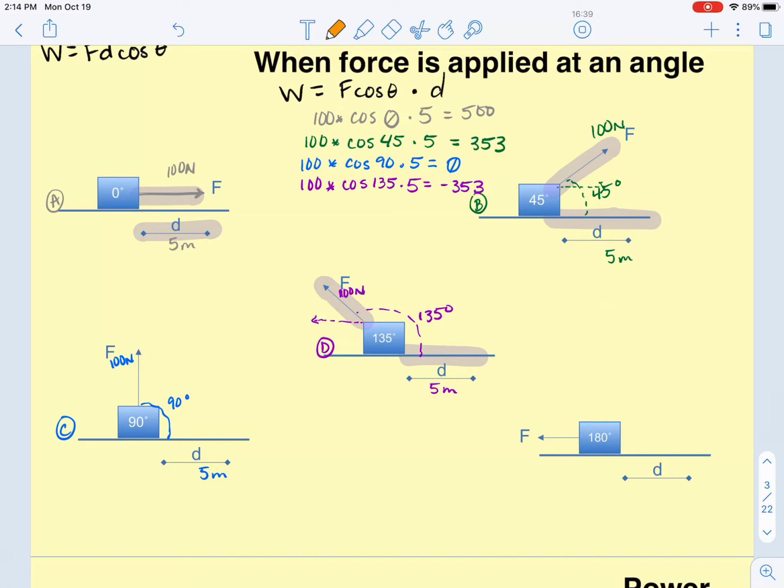The last example that I have for you is 100 newtons of force, 5 meters of displacement. Our angle is from here to here. So 100 times the cosine of 180 times 5. And again, we've already talked about how the cosine of 180 degrees is equal to negative 1. So this is also going to spit out a negative number for you.